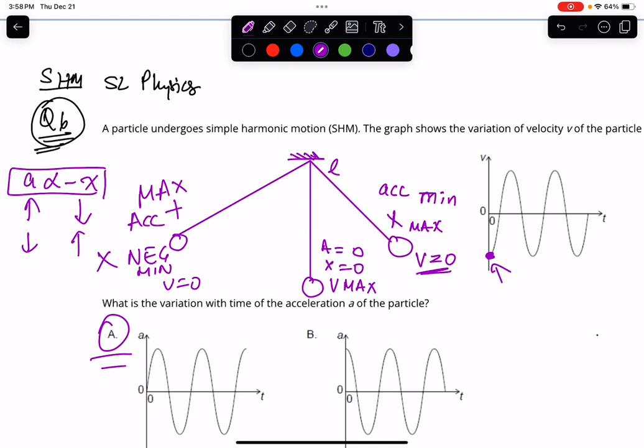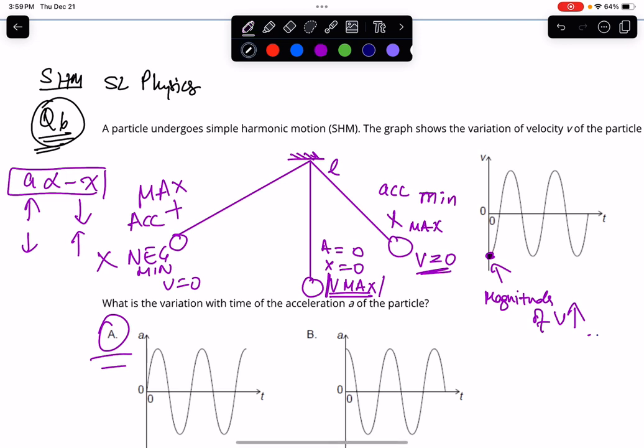So therefore, because we are at the minimum velocity, what this shows is that the magnitude of the velocity is highest, right? So the magnitude of the velocity is highest, and that's what you get at the equilibrium position. It's the position with the highest magnitude of velocity.